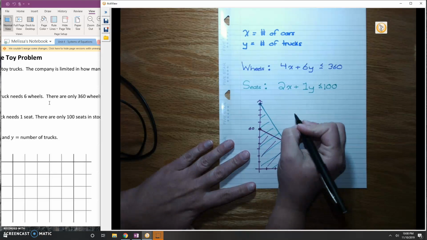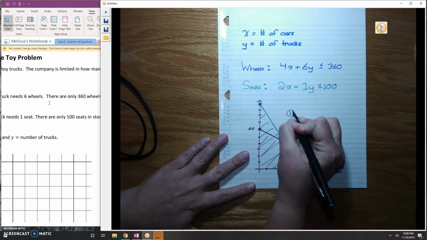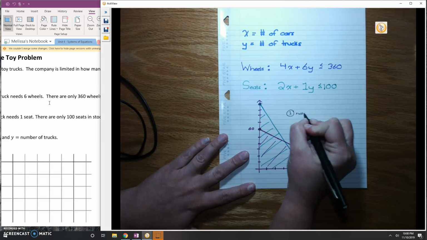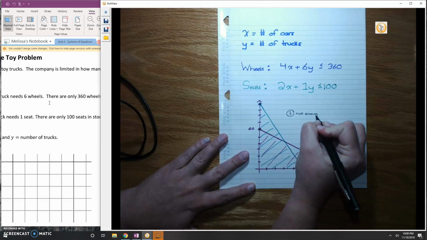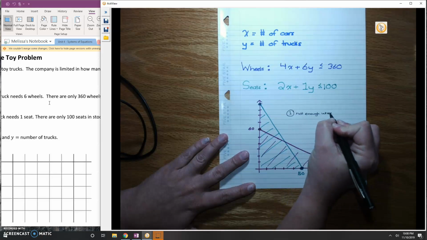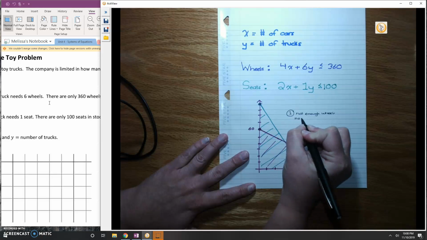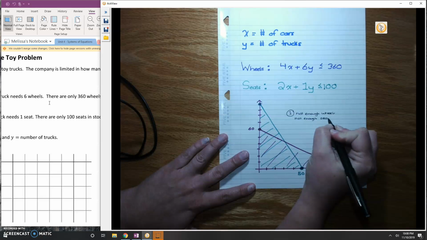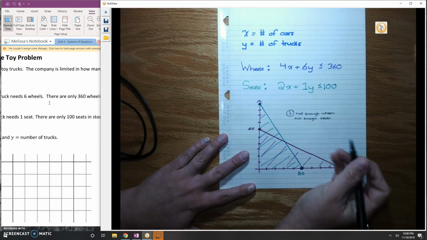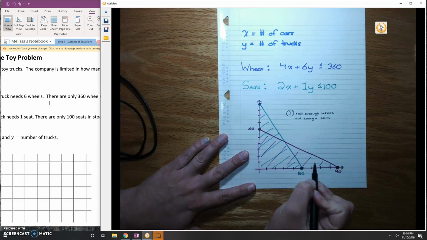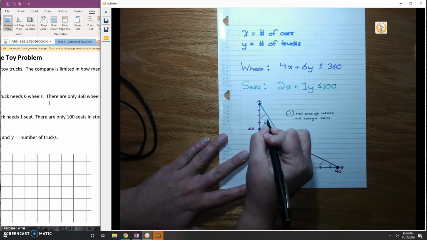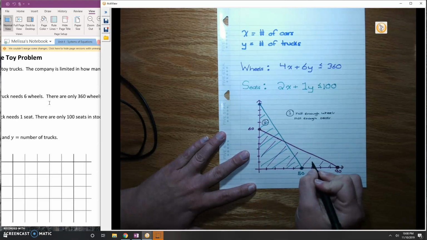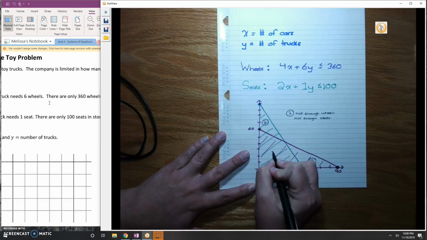This area out here, there are not enough wheels, and there are also not enough seats. So this area: not enough wheels, not enough seats. And we've got 3 other areas. 1, 2, 3. I'll call this area 2, this area 3, and this area 4.